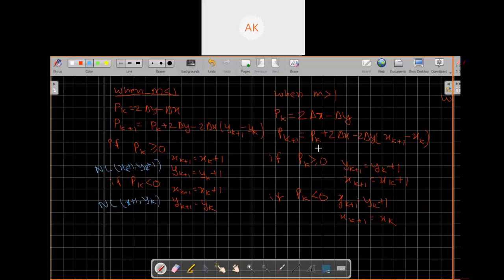In case of m greater than 1, if your pk, the next decision parameter, is greater than 0, your next coordinate will be xk plus 1, yk plus 1. If your pk is less than 0, then the next coordinate will be xk and yk plus 1.